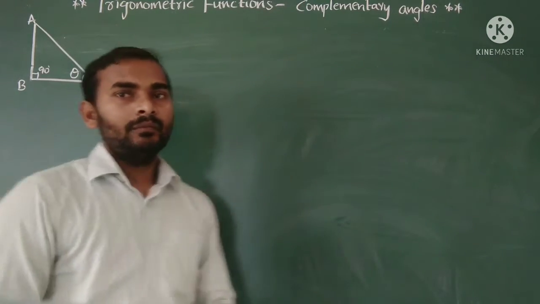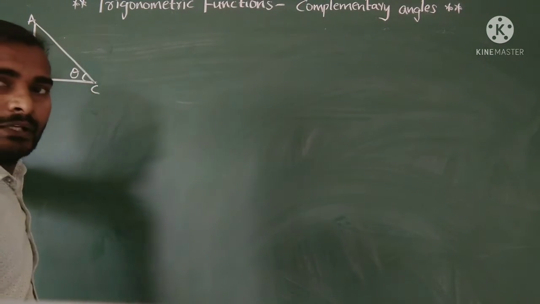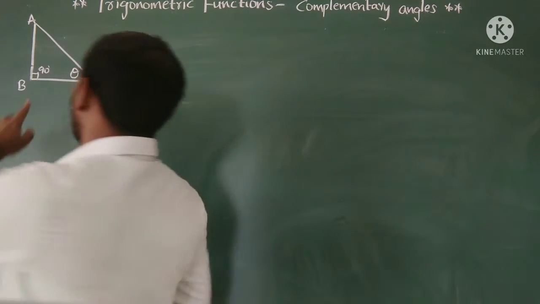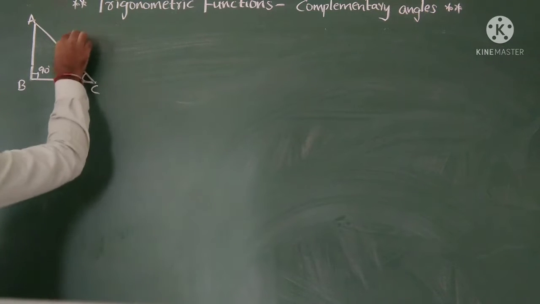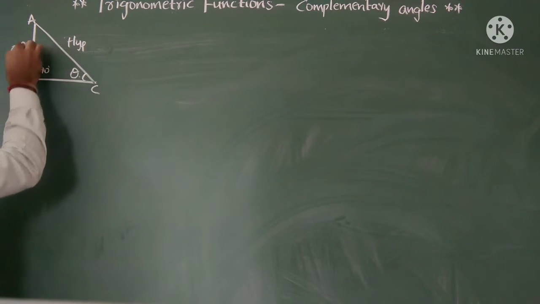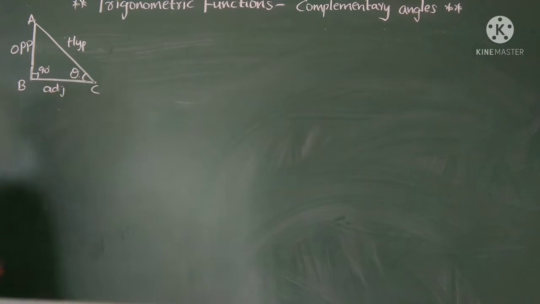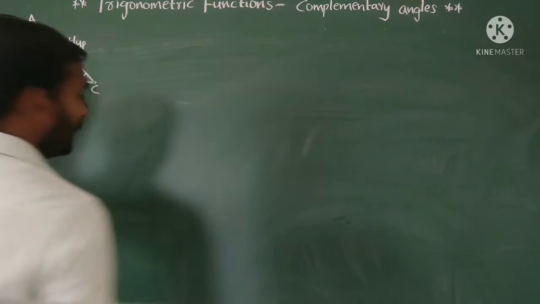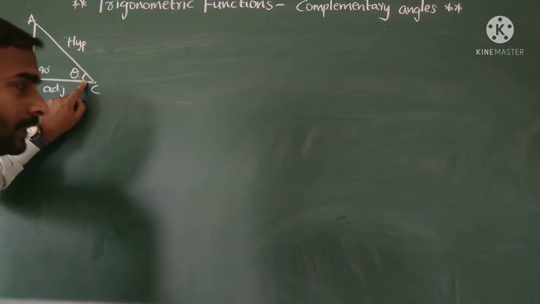Okay, here is right angle triangle ABC. Here theta is at C and this is the right angle, the opposite side is the hypotenuse. And this is theta, the opposite side, and this is the adjacent side. We have learned trigonometric ratios. Sin theta, we are observing theta.